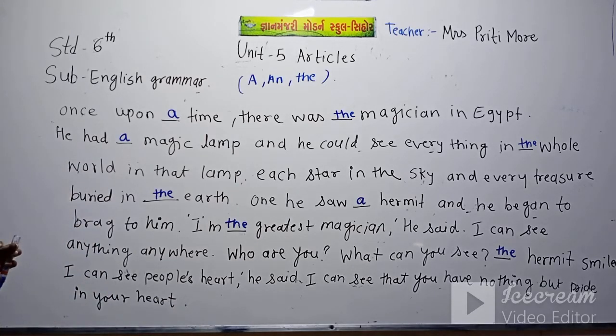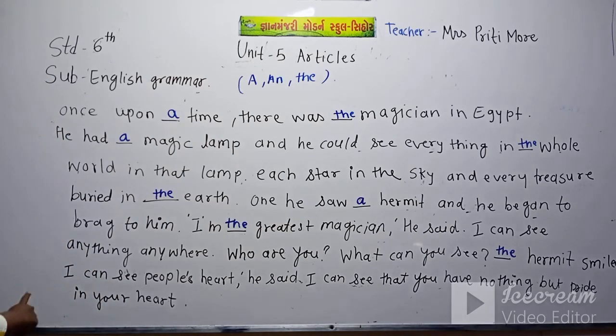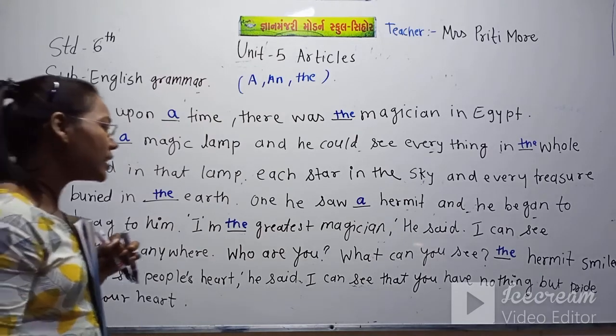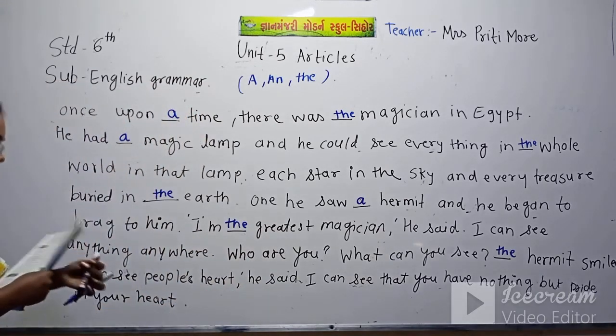So the hermit is asking, who are you? What can you see? And he smiled. So the magician is saying, I can see the people's hearts. I can see that you have nothing but pride in your heart.